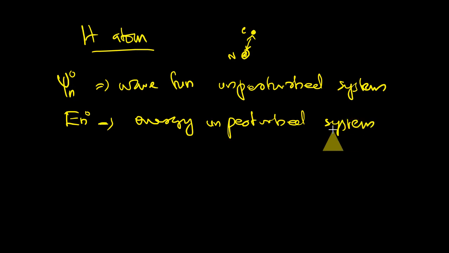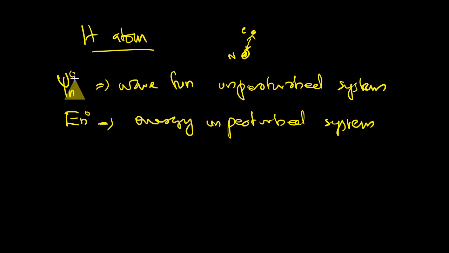Here n represents the state of the system. For example, if you are considering a harmonic oscillator, n is equal to 1 when you are considering the ground state, but n will be 2 if you are considering the next excited state, right? So n represents the state of the system, psi n0 is the wave function, and energy En0 is the energy at that particular state. This is for the unperturbed system.